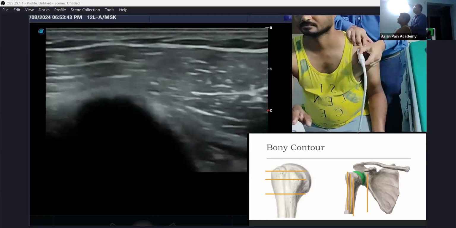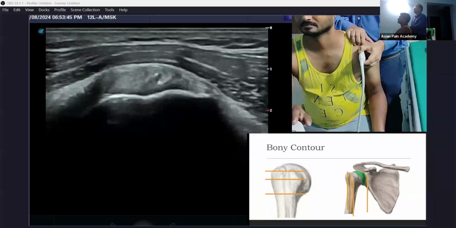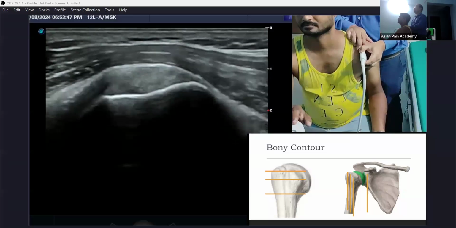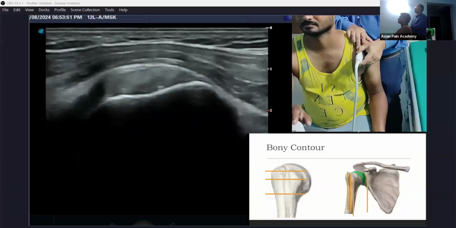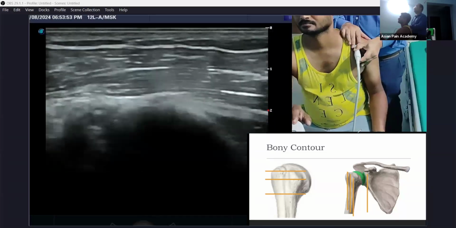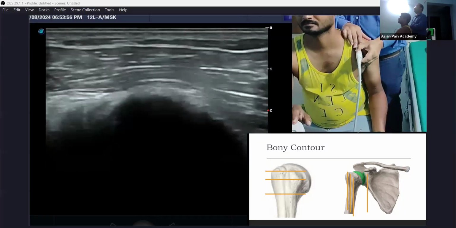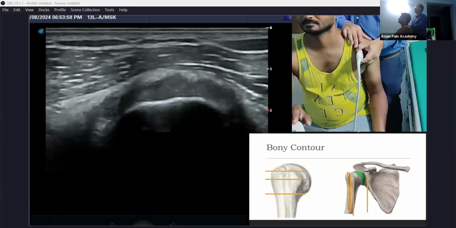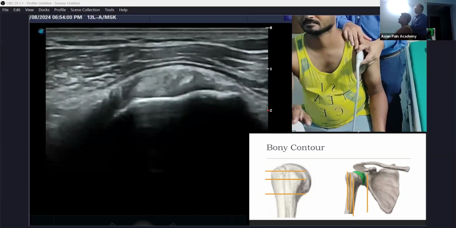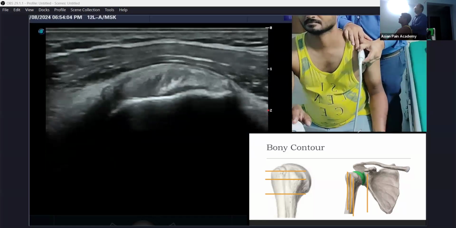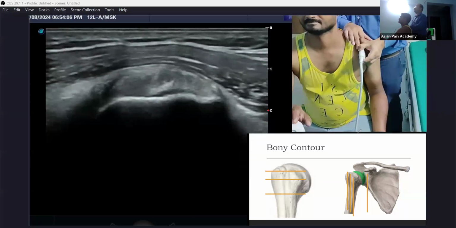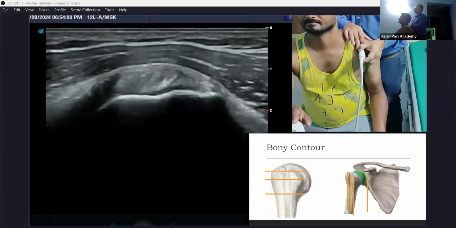Actually, this is the glenoid area. Actually, the joint space is going very fast.